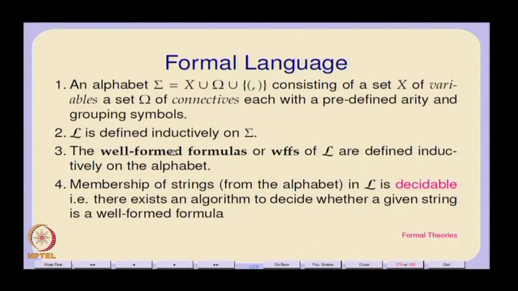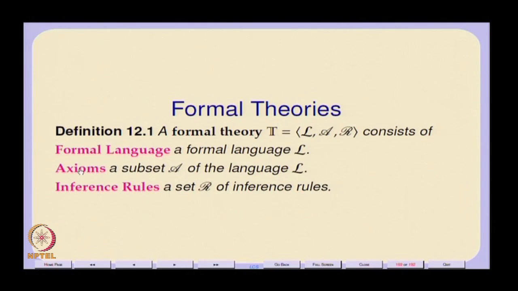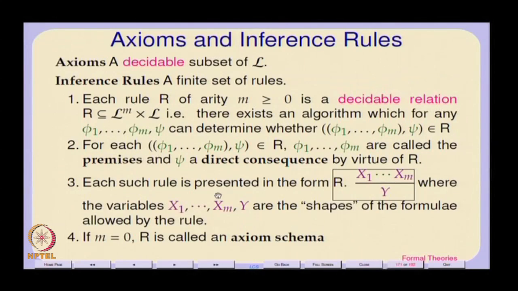Usually, as I said, this formal language is inductively defined, and therefore membership in the language for any string is decidable, and similarly the axioms should all be a decidable subset. They could be infinite, but this should be a decidable subset.